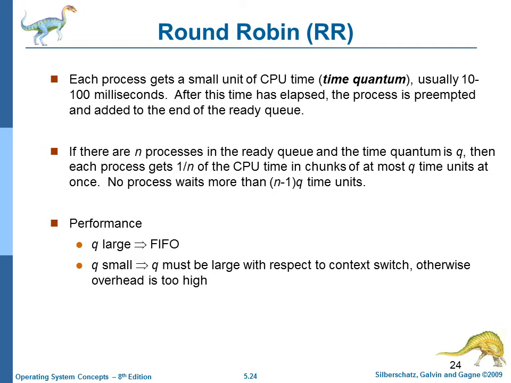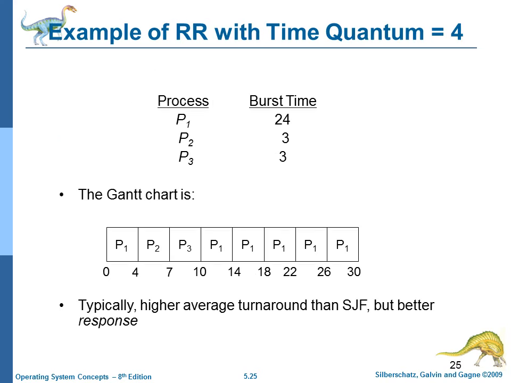RR scheduling can give the effect of all processes sharing the CPU equally, although the average waiting time can be longer than with other scheduling algorithms. Let's take the following example. In the following example, we have three processes: process 1, process 2, process 3.